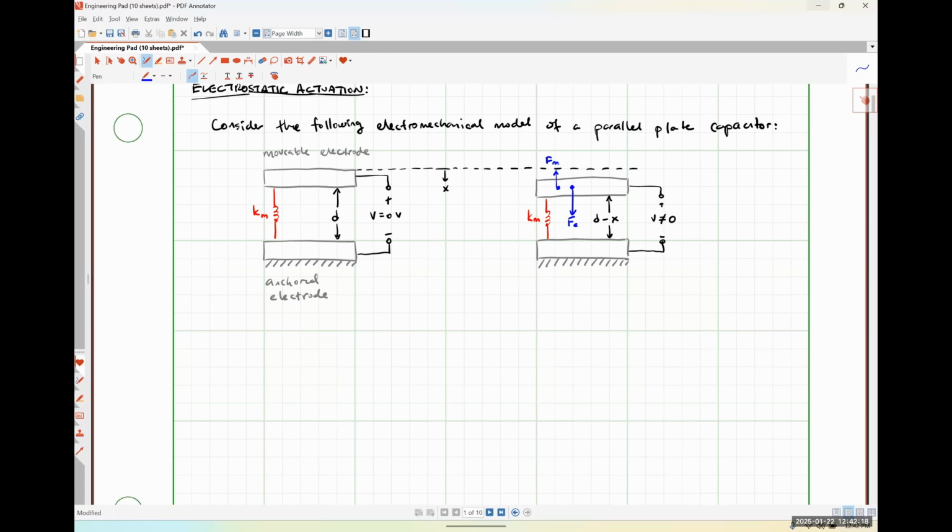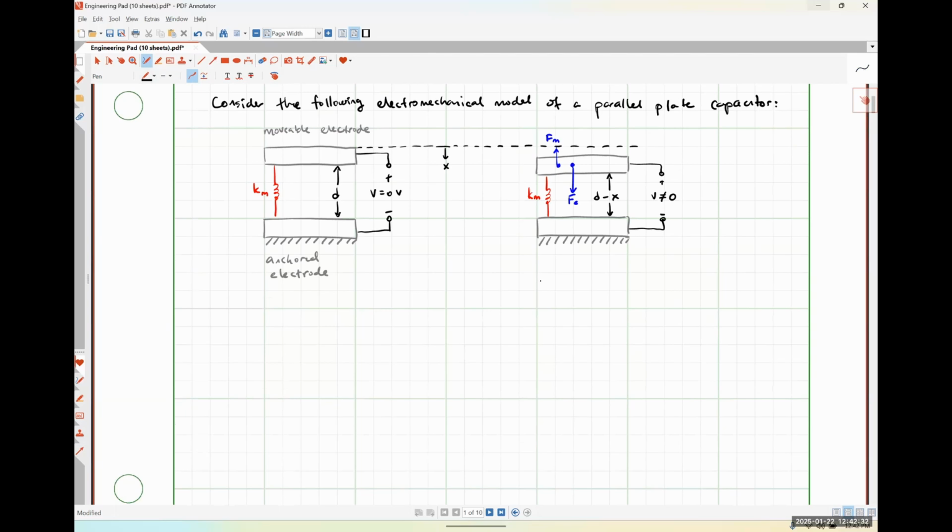So we should be able to see that this displacement has caused the capacitance to vary as a function of position. So in this particular case over here, we would have C naught is equal to epsilon A over D. Over here, we have C as a function of X is epsilon A over D minus X, right?